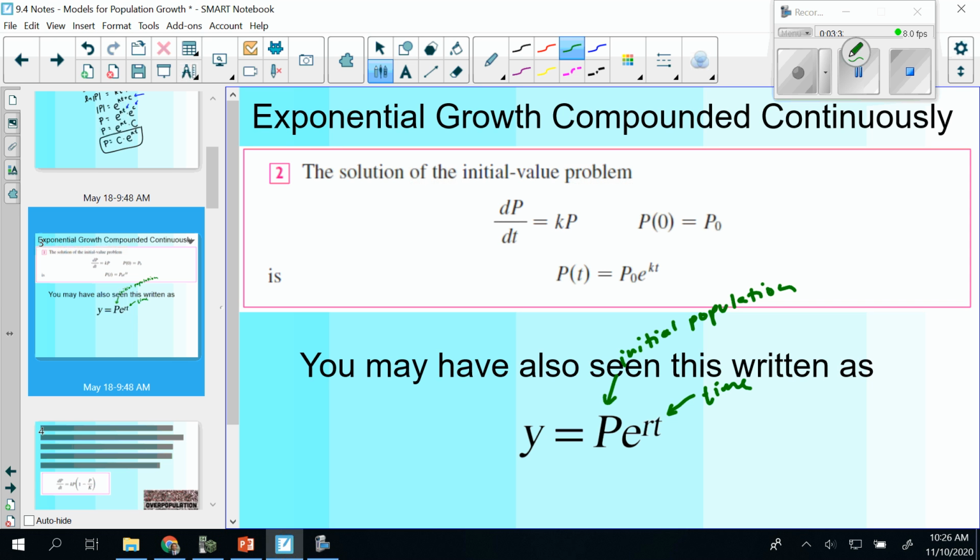E is that natural number, and then r, which in the last slide was our k, it's just a different letter. That's your rate, the rate of growth, your proportionality constant. So when we're doing this, that differential equation where the rate of growth is directly proportional to the population gives you this exponential growth equation.